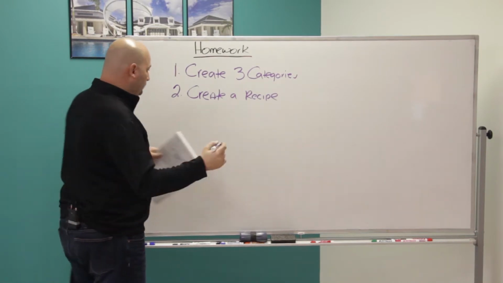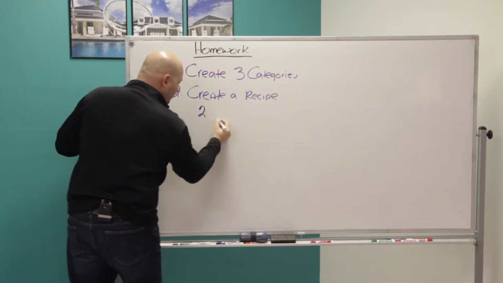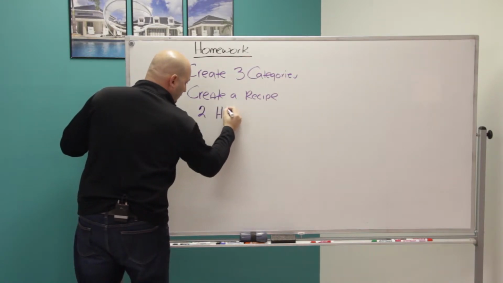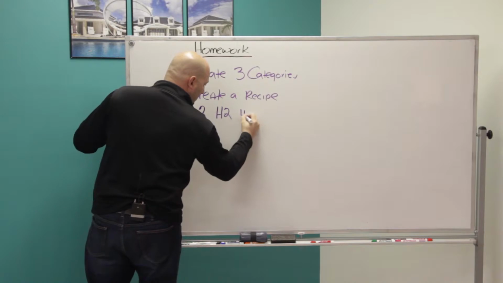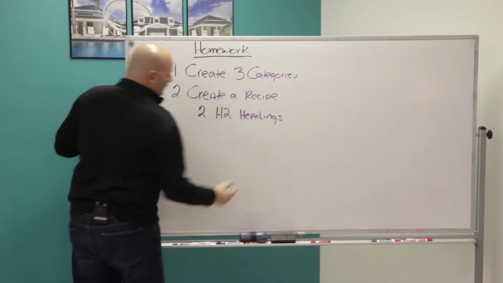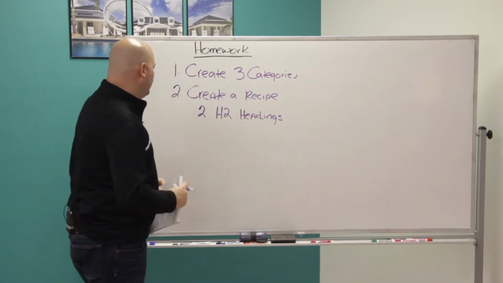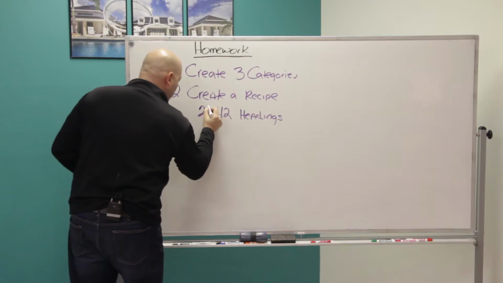So what I'd like you to do in this recipe is have 2 H2 headings. They're called headings, tags. It's kind of an interchangeable word, but I want you to create 2 of them.